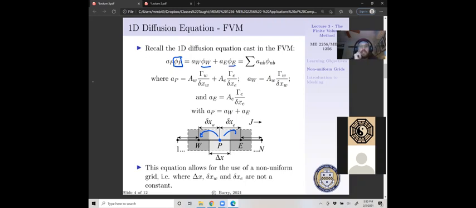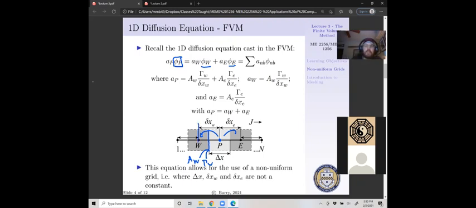and our leading coefficients, where A west was our interfacial area between our west cell and our centered cell times the diffusivity at this interface. And we just learned that we can either do an arithmetic average or a harmonic average per the quantity delta xw.